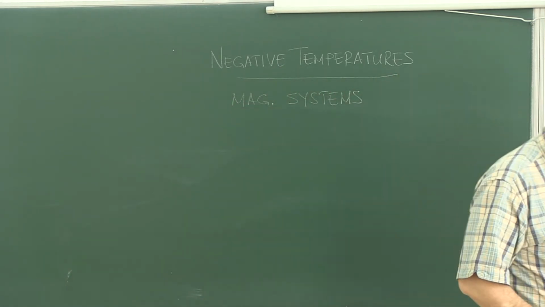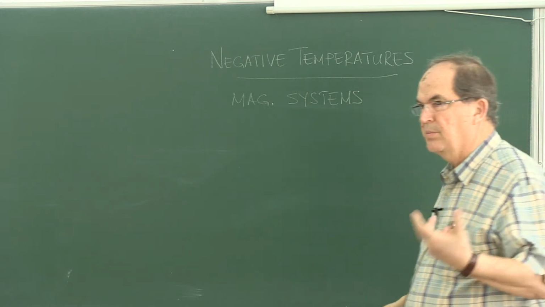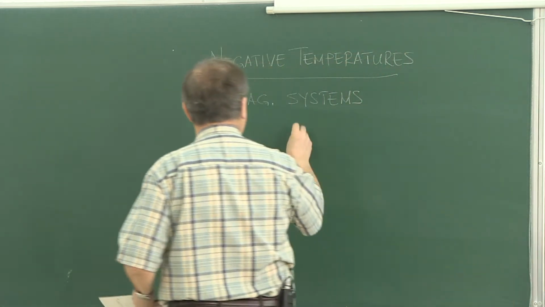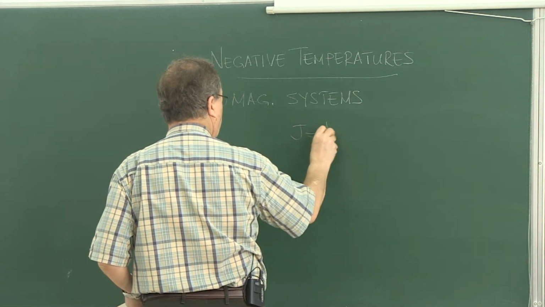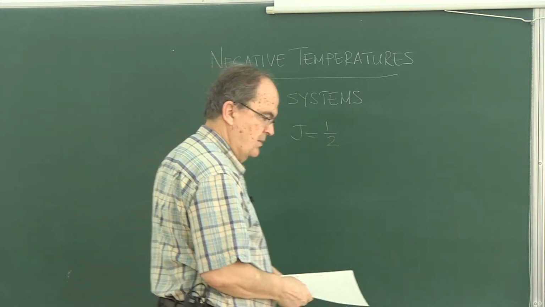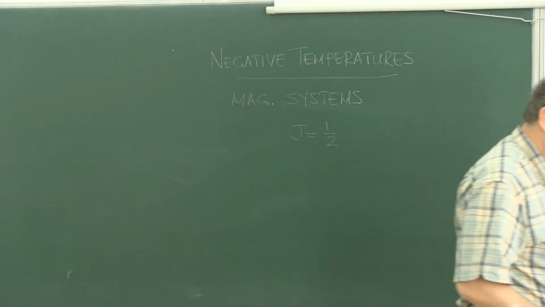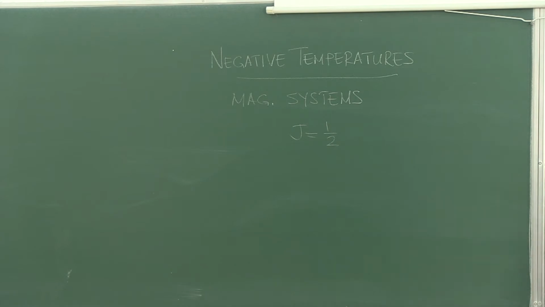Here, I will consider again the simplest case of J equals 1/2. You can consider a spin 1/2 particle so that it has two directions in a magnetic field, up and down.